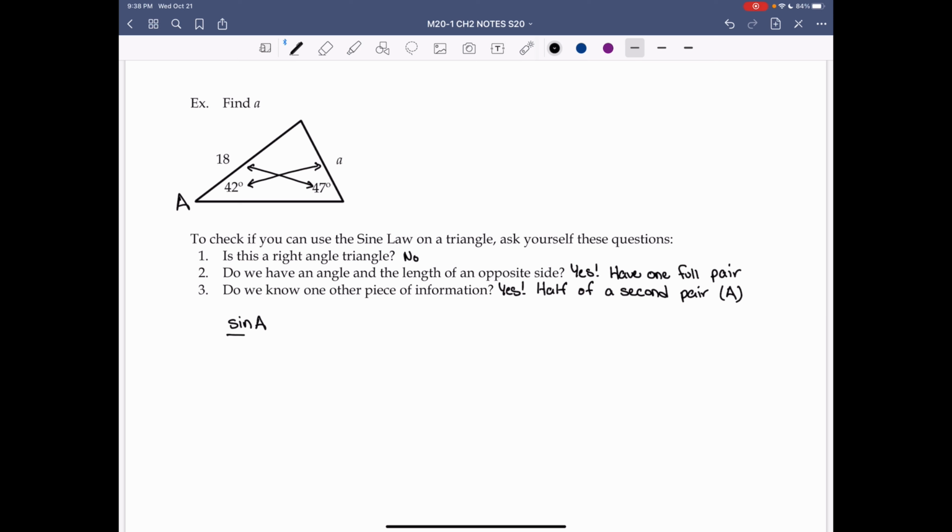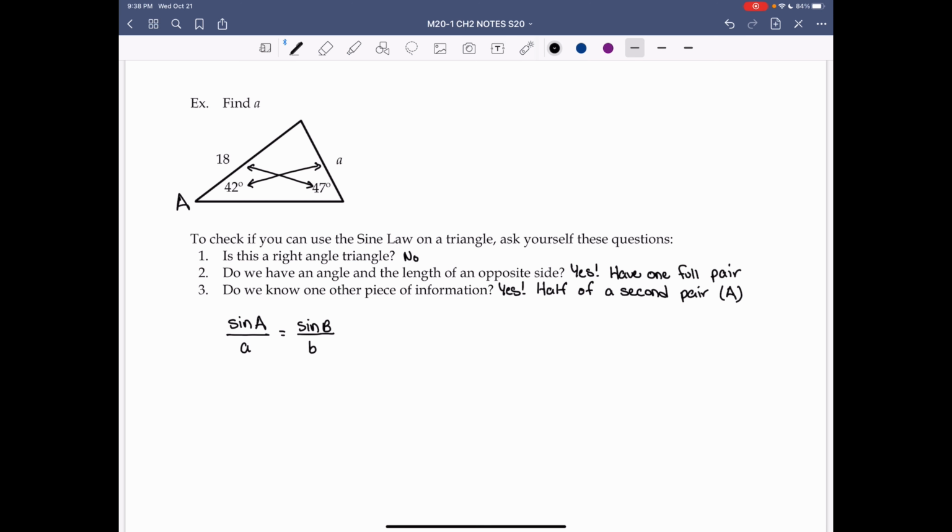Sine A over a equals sine B over b. We could also put it the other way around, have little a over sine capital A. And then we fill in our values.